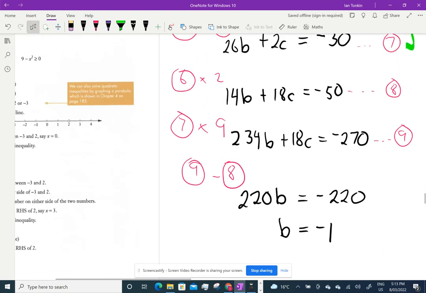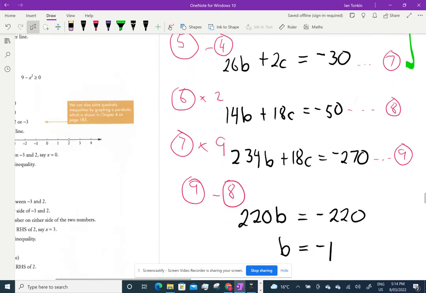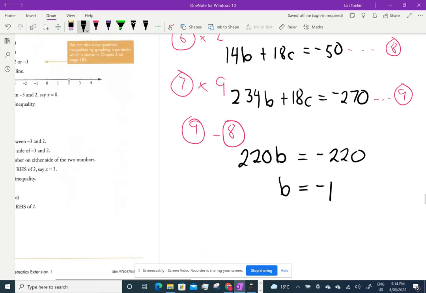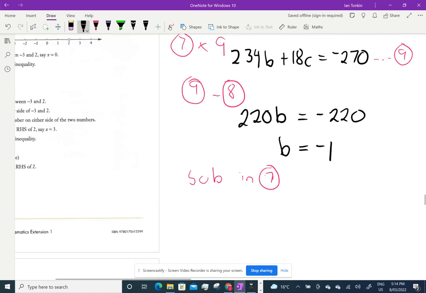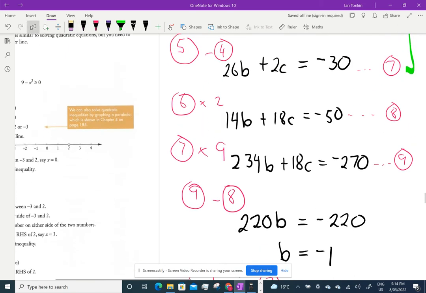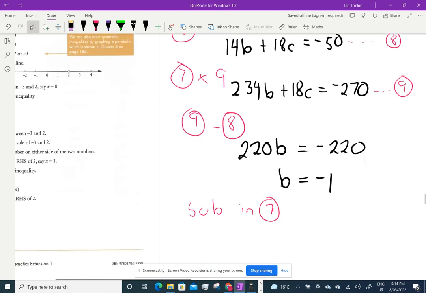Now, you can use any equation, right, to get this. I'm going to use equation number 7. It doesn't matter. I'm going to sub this into equation number 7. So equation number 7, 26b plus 2c equals negative 30.